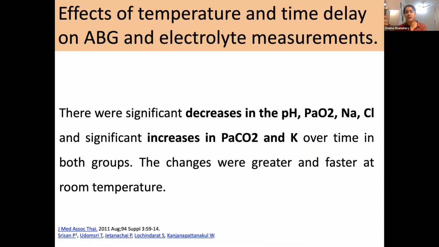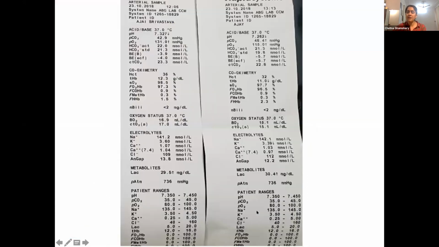They are continuously using oxygen and releasing CO2, so there is going to be a change. Once the CO2 increases, the pH will change, the PO2 is consumed, potassium levels increase, and PCO2 values will increase. So you should keep the sample only for 5 to 15 minutes until it gets into the ABG analyzer.